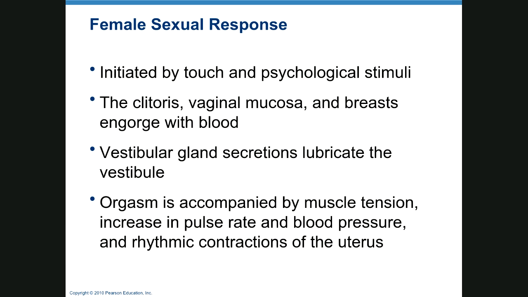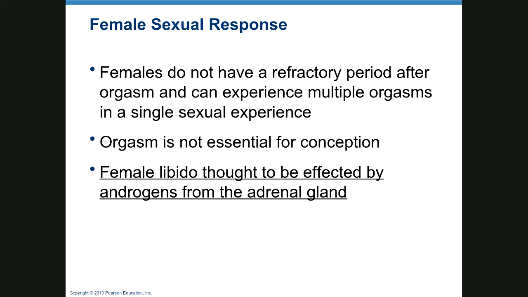Secretions, vestibular gland secretions. Orgasm has muscle tension, increased pulse rate, blood pressure, and rhythmic contractions of the uterus, because this is under sympathetic response, therefore the increased pulse rate. This is under parasympathetic response, just like men. Females do not have a refractory period after orgasms.